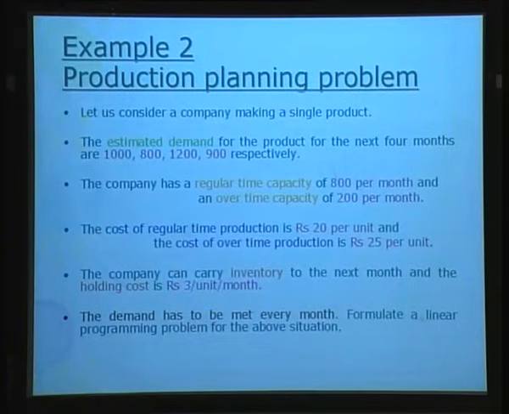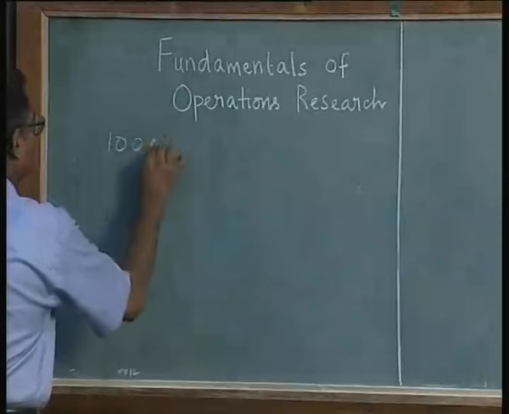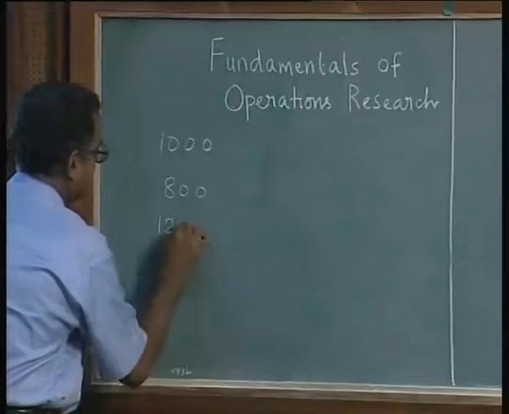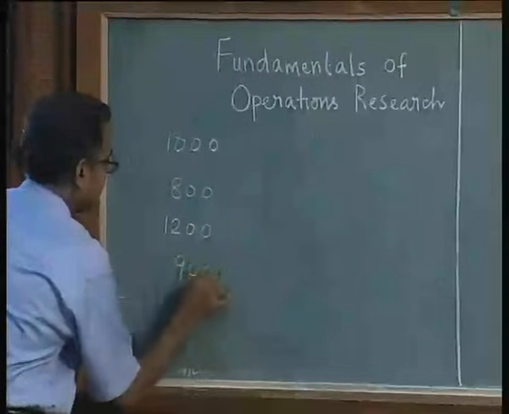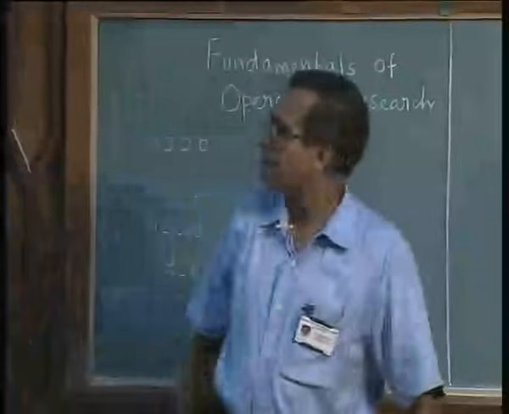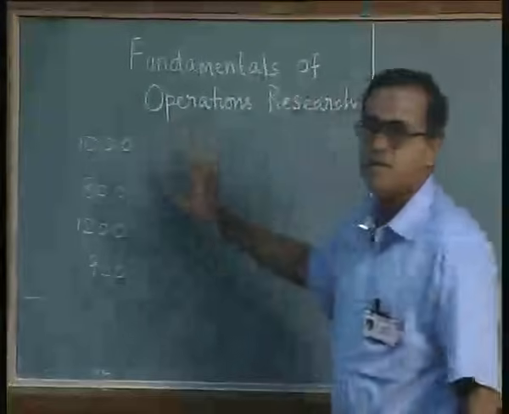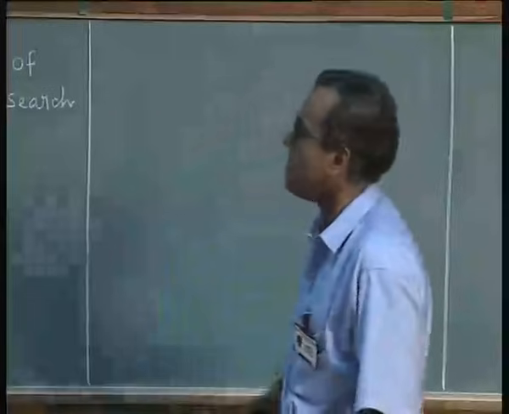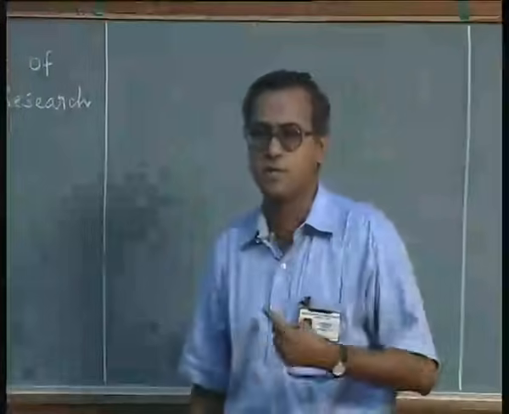Now, let us look at the second example, which is called a production planning problem, and the problem is as follows. Consider a company making a single product, demand for 4 months are 1000, 800, 1200 and 900 respectively. Now, the company wants to meet the demand for the product in the next 4 months. The company can use two modes of production.